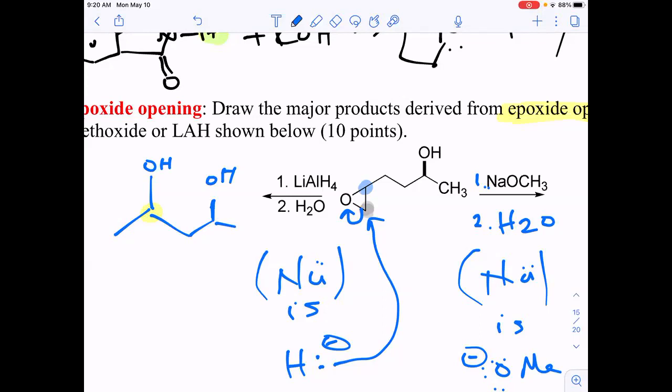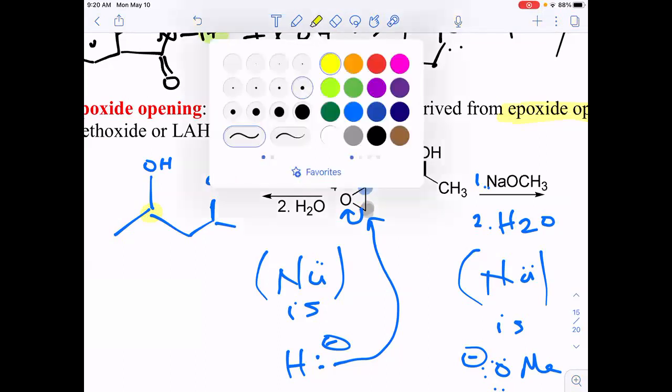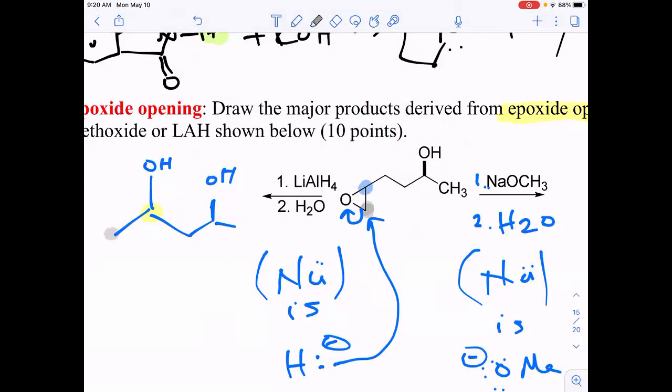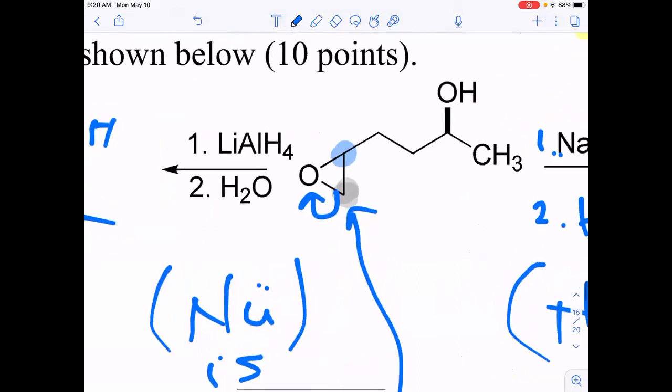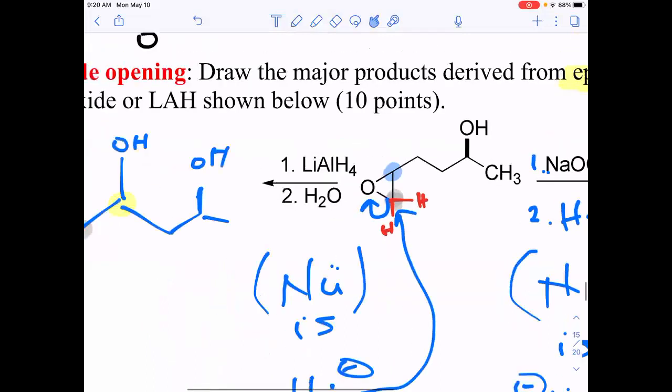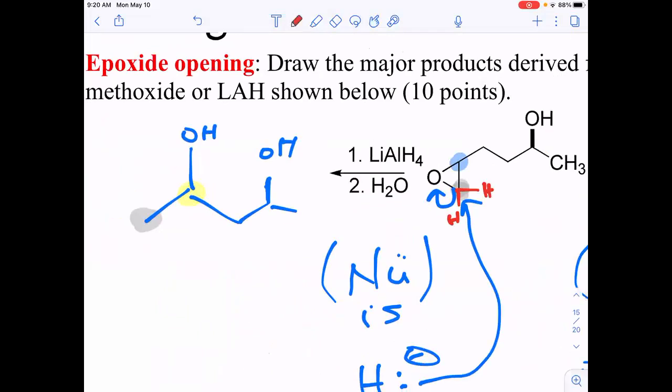And then on that same carbon, this carbon right here that I had highlighted, well, let me put it back in gray. It's just now going to be a CH3. Right here it's a CH2. You can see that it's got 2 hydrogens on it. And then over here, it's still got those 2 hydrogens attached to it. And then the new hydrogen is here that came from that hydride.